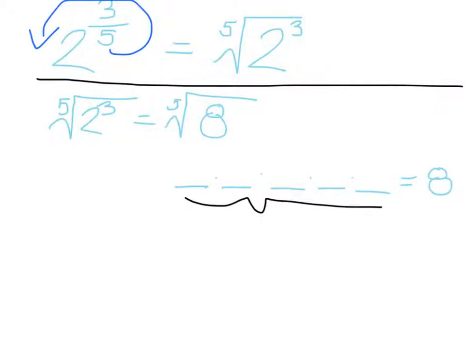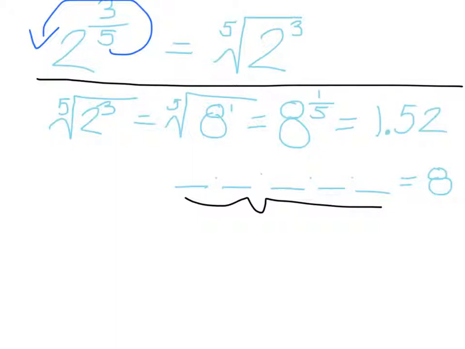So this is a good problem in the sense that it tells you that there are some problems with exponent rules that you can't really solve without a calculator. You could put this into your calculator, and if I convert this back, 8 to the 1 over 5, it's going to give me 1.52, I believe, based upon the calculator I'm using as I make this video.